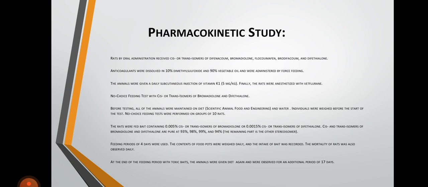We may give these agents in a subcutaneous dosage form, but we give these agents by force feeding. After feeding these agents to the rat, after some time we check the anticoagulant effect of that particular drug in the animal body.